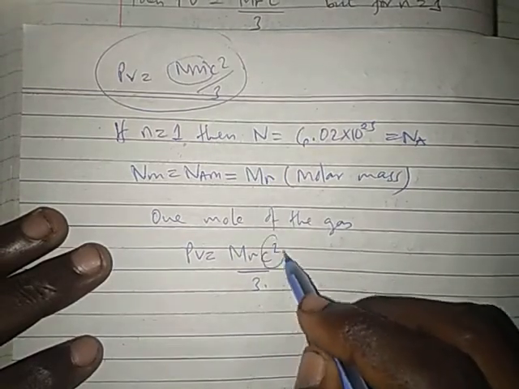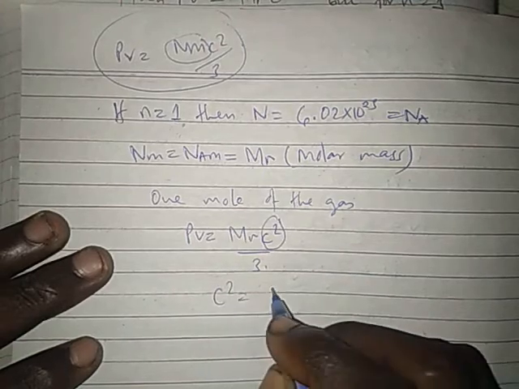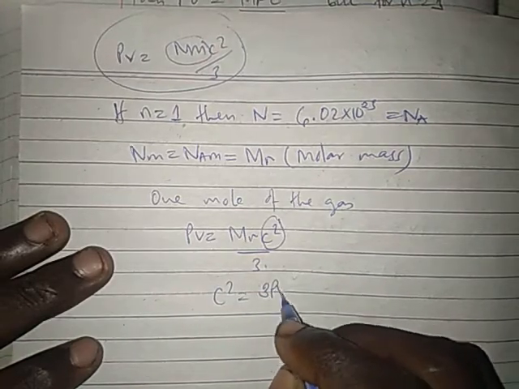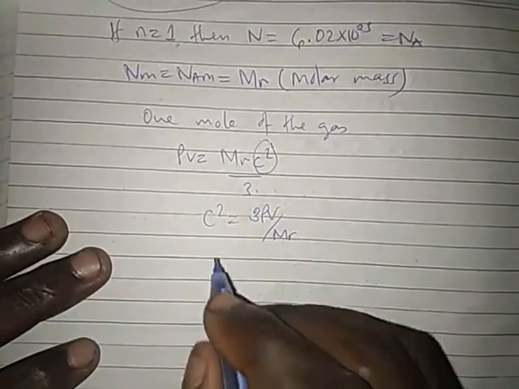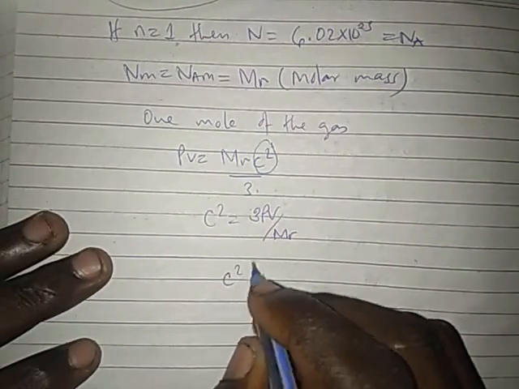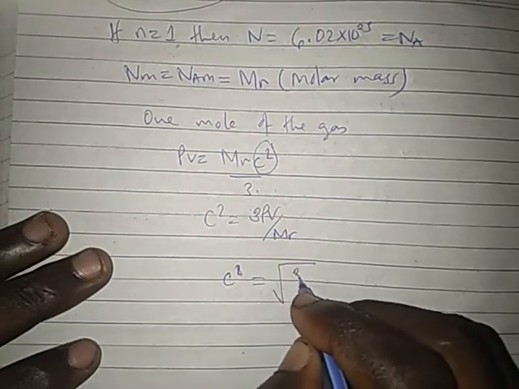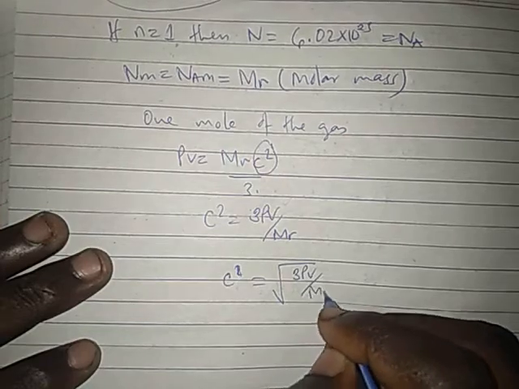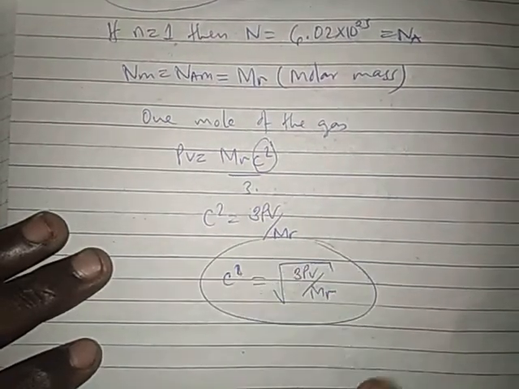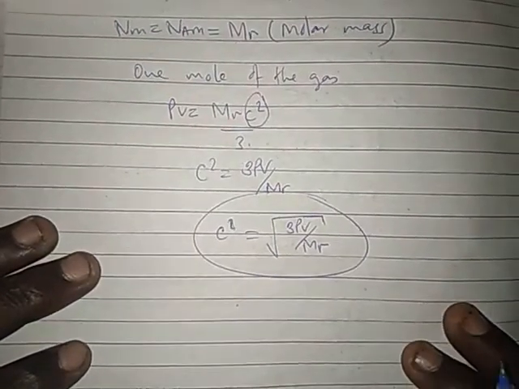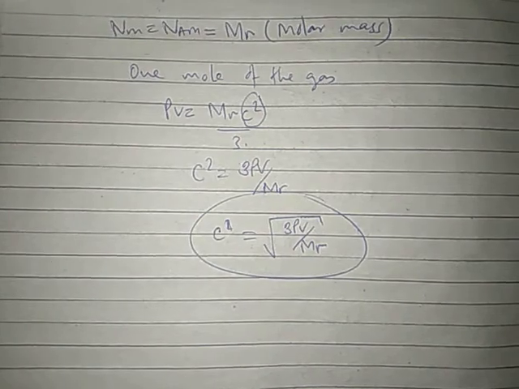What we need is c squared equal to 3 PV divided by molar mass, so c is the square root of 3 PV divided by molar mass. Now this is the equation of our root mean square speed.